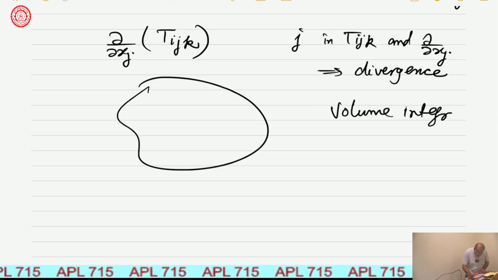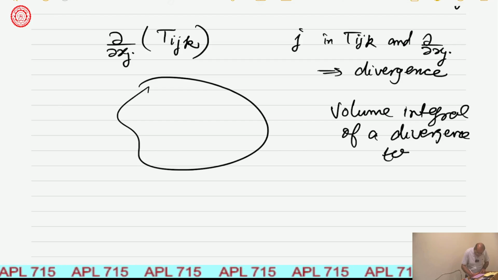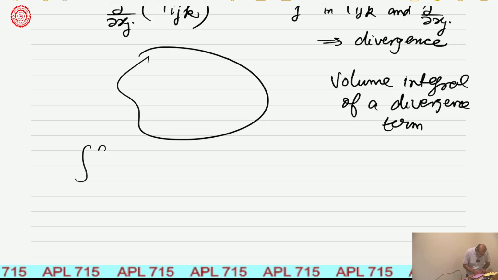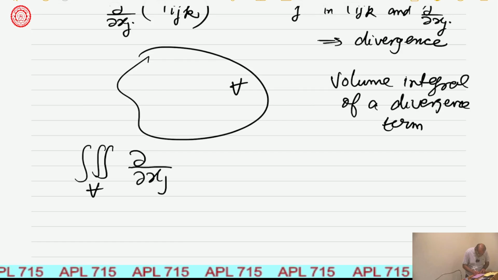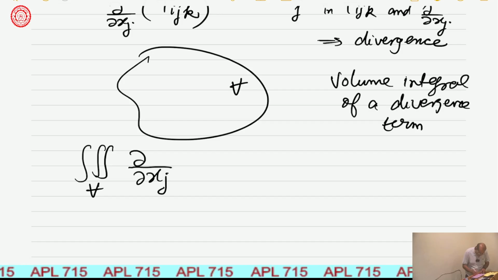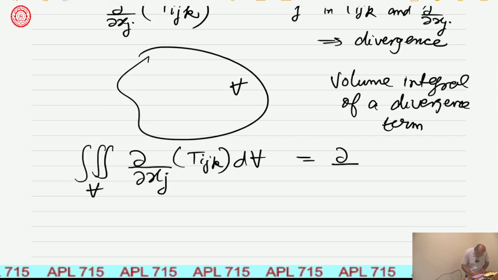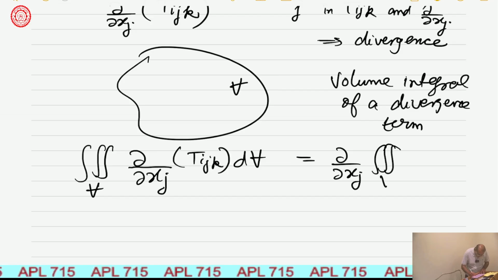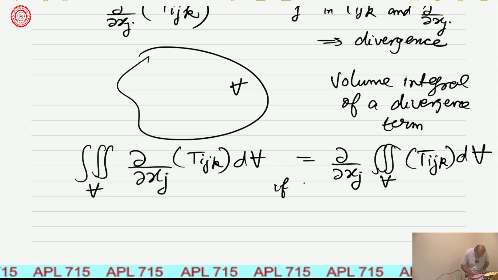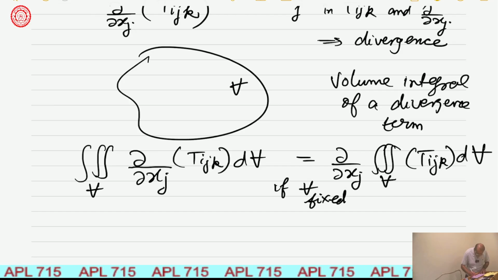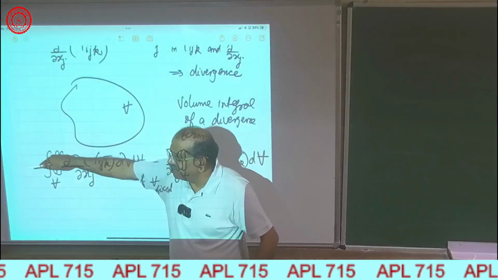a volume integral of a divergence term, that means I have this volume, I take a volume integral of d by dxj of tijk dv, which is equal to the volume integral of... If the volume is not changing with space, then this derivative can be pulled out of the volume.